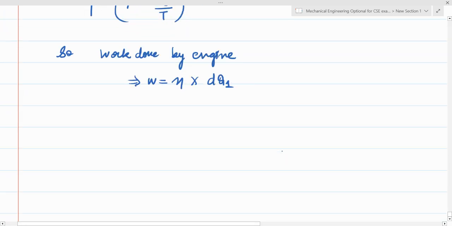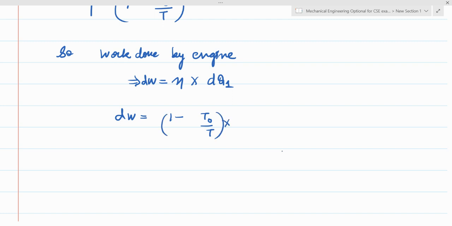So W is given by this. It is a small work, so dW. Now putting in the values, we get dW equals 1 minus T0 by T multiplied by m dot Cp into dT.